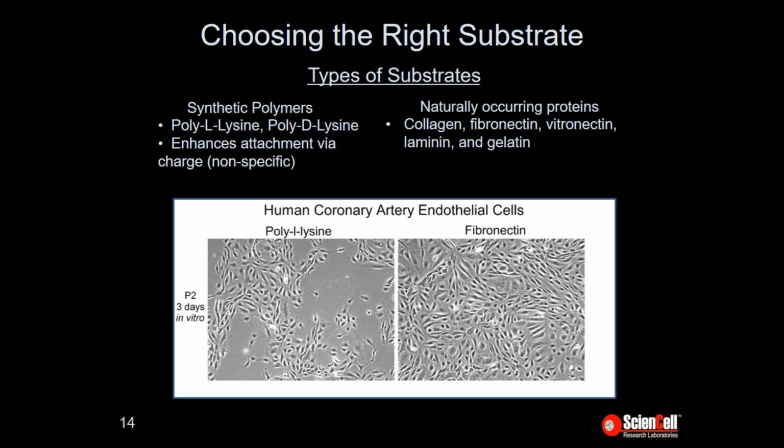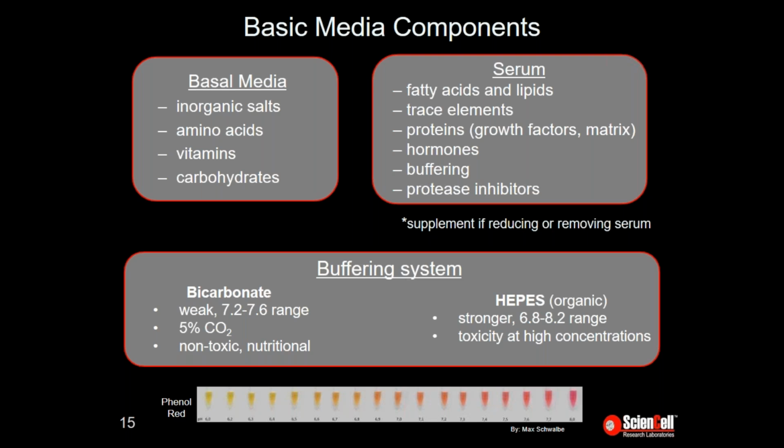recommendation for the substrate. In addition to the surface substrate, the culture media composition is also a critical component for growing healthy cell cultures. The basic elements include salts, amino acids, vitamins, and carbohydrates for energy.